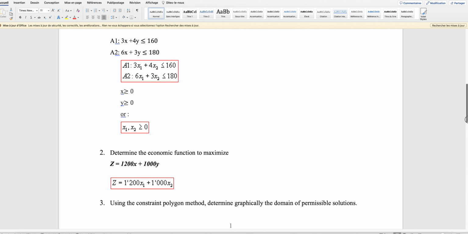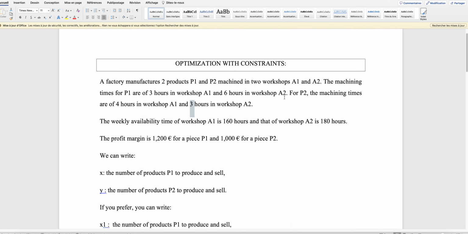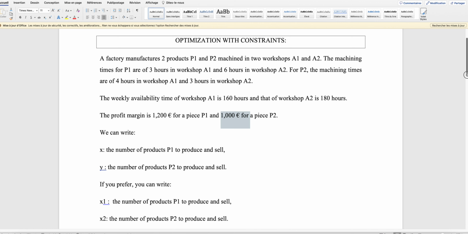Now we are going to determine the economic function to maximize. One product P1 gives us a net profit, a profit margin of about 1,200 euros, and the second product P2 1,000 euros profit.